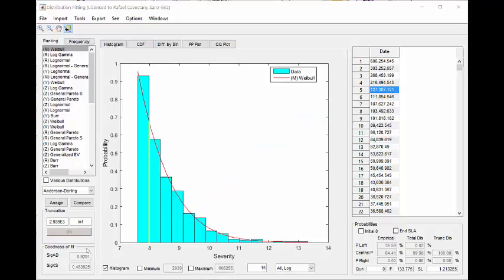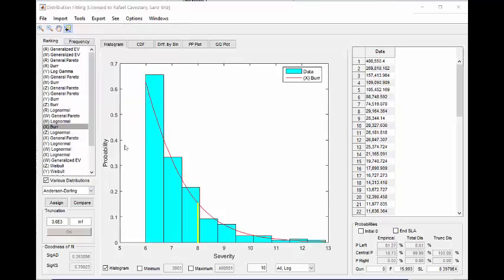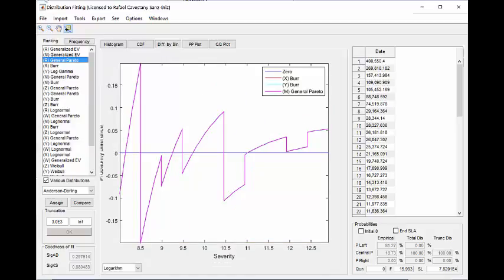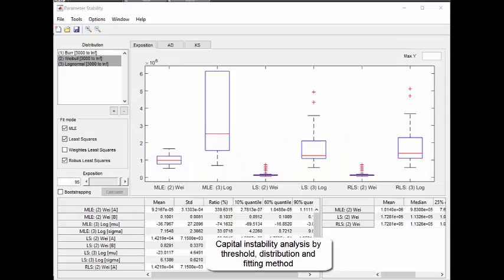It also provides multiple numerical goodness of fit, such as the p-value of the Anderson-Darling and the Kolmogorov-Smirnov. Multiple distributions can be represented into the same histogram and be compared along the goodness of fit graphics.